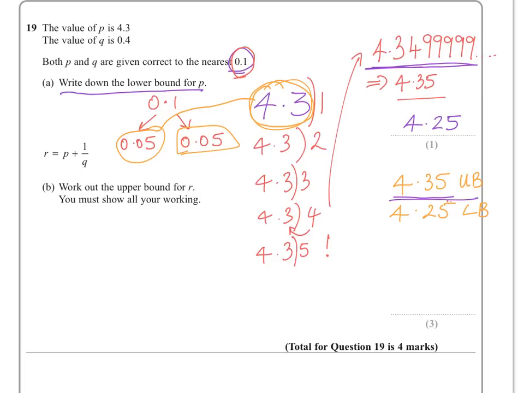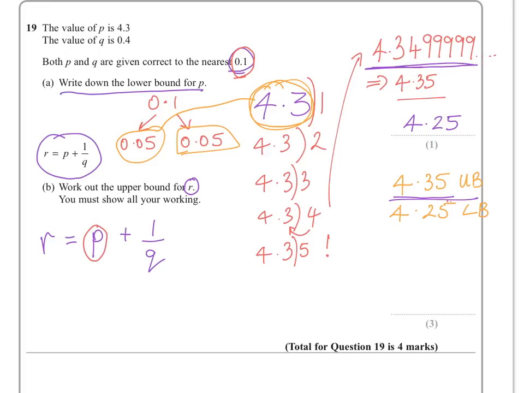Now we've got to look at part B, and that's a little bit more complicated because we've got this equation here. We have R equals P plus 1 over Q. And it says work out the upper bound for R. All that means is that you have to maximize R and make it as big as you possibly can using the rounded values for P and Q. So first of all, you definitely want this to be as big as possible, wouldn't you?